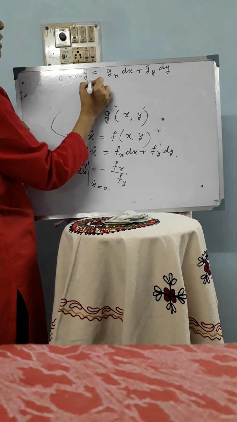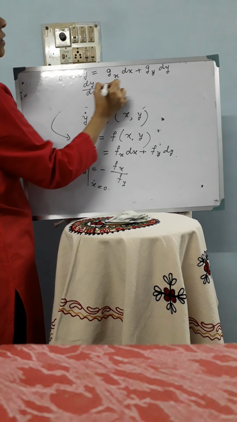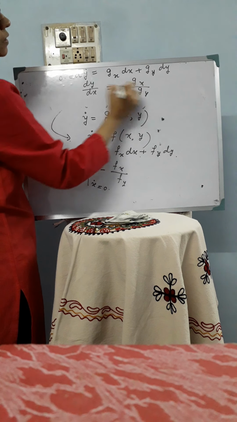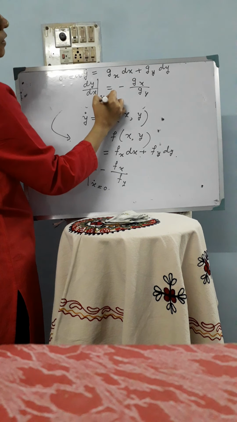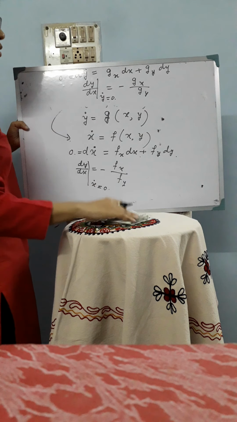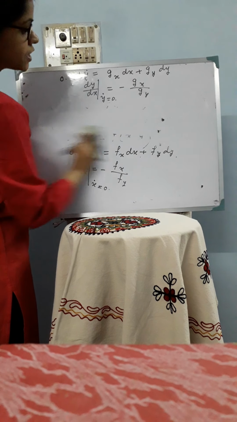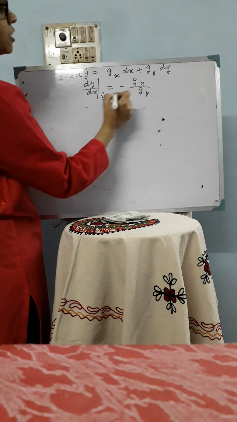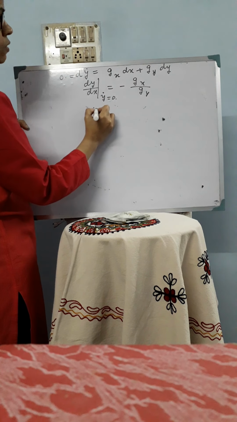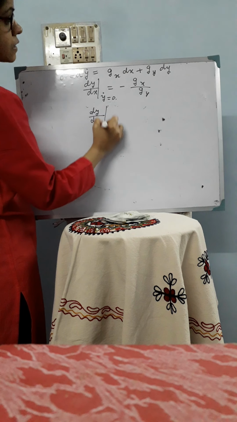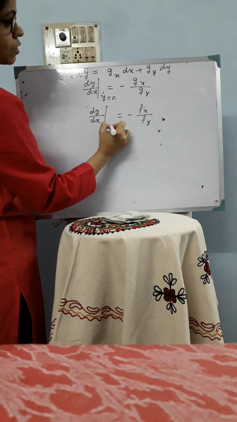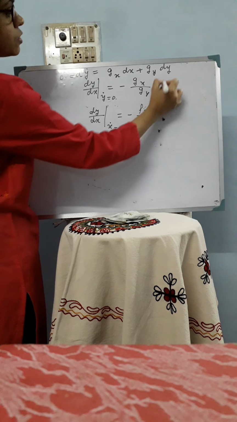So in that case we get dy/dx is equal to minus gx by gy, provided that y dot is equal to 0. So we get two conditions: dy/dx is equal to minus gx by gy when y dot is equal to 0, and dy/dx is equal to minus fx by fy when x dot is equal to 0.